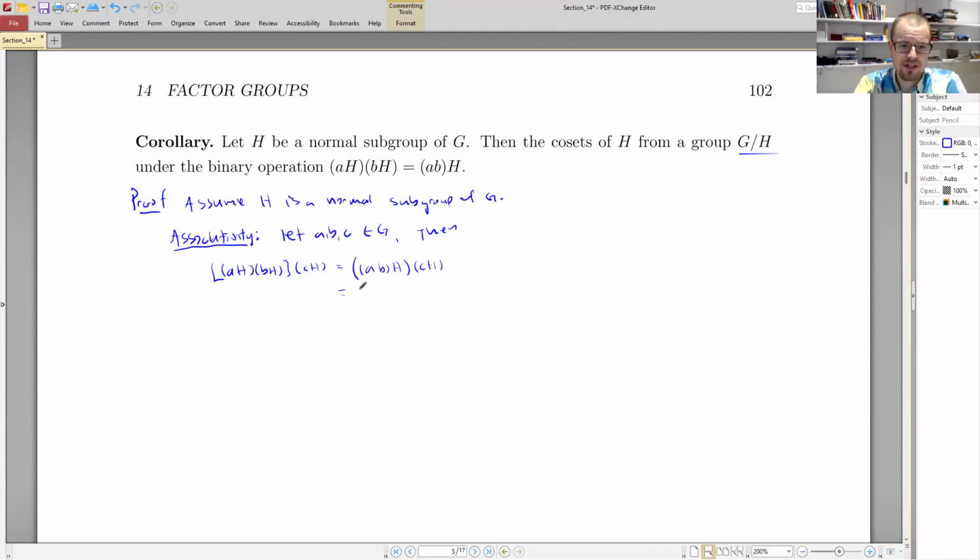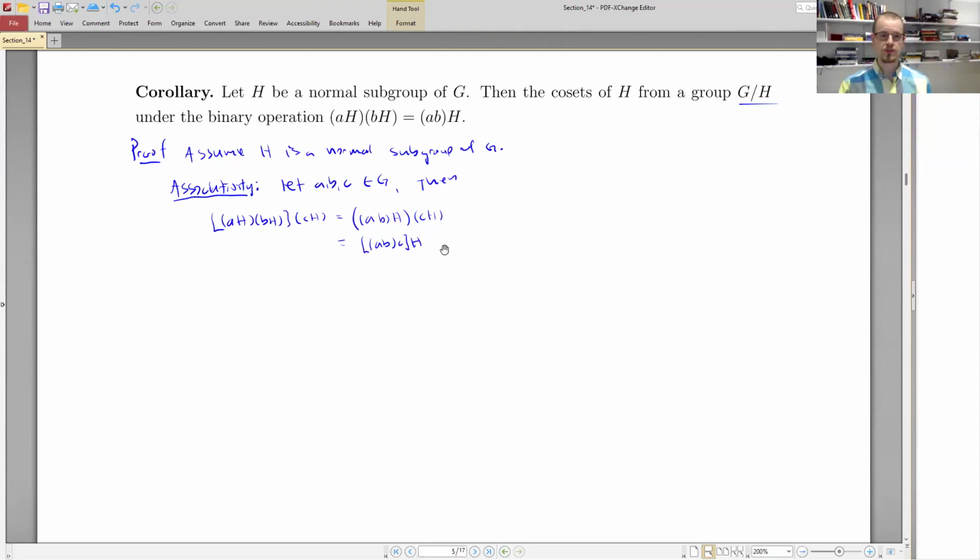And that, of course, is going to give us AB times C times H. So now we have the one singular coset that we're talking about, AB times C times H. But we have associativity in the group G, so we can actually rearrange this no problem right here as A times the quantity B times C. And now we can start to decompose this according to our definition of coset multiplication.